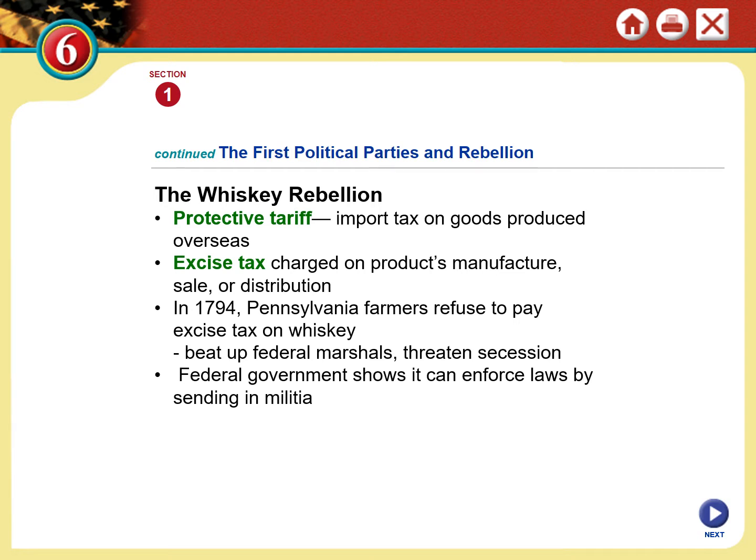And the purpose of a tariff, a tax on imported goods, is to protect our nation's manufacturing base. Because for all those years that we were a colony, we were importing all the finished goods that we needed. And now that we are an independent country, many American investors saw an opportunity to become wealthy by creating some of our very first factories.